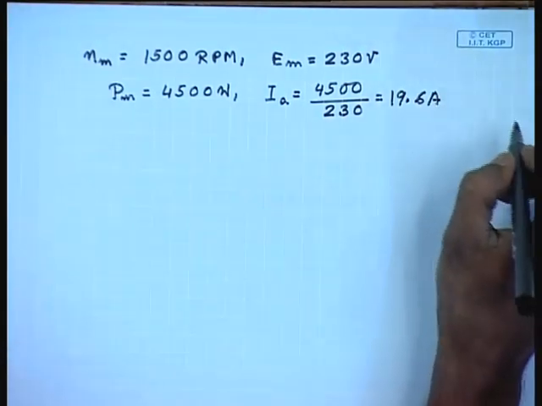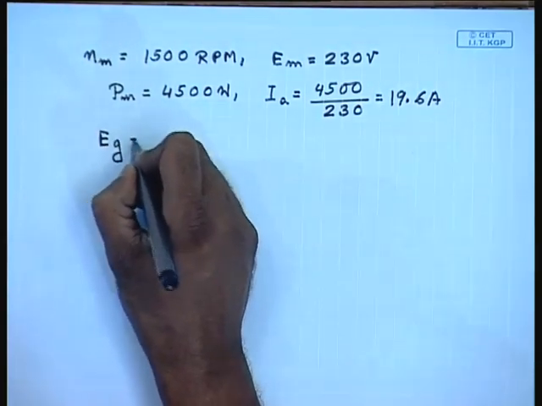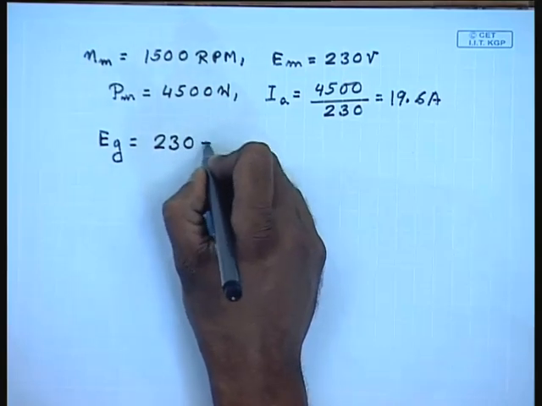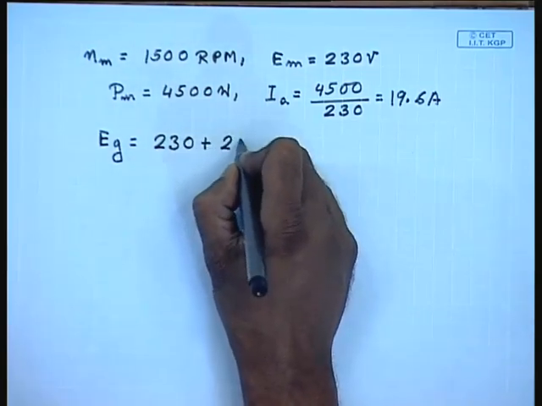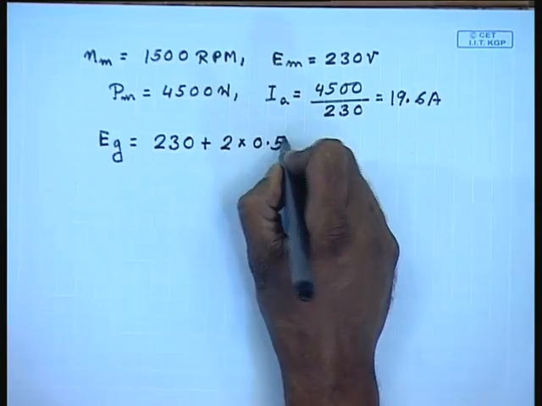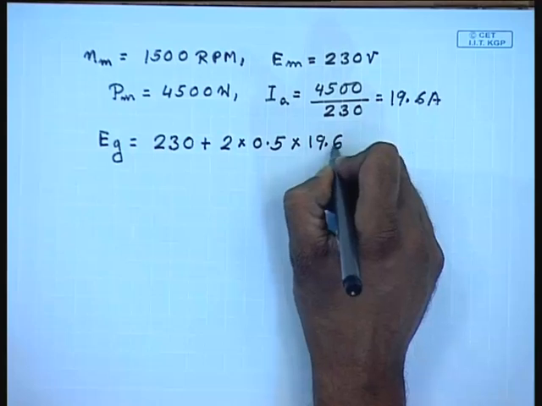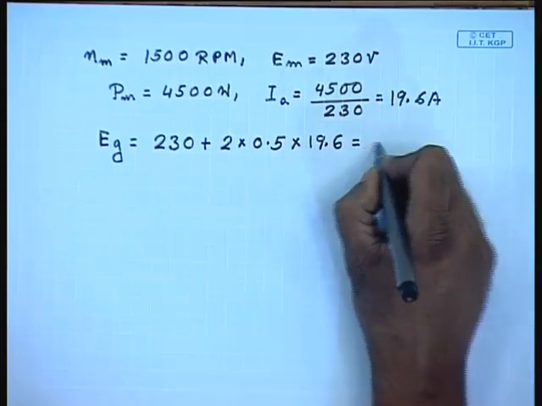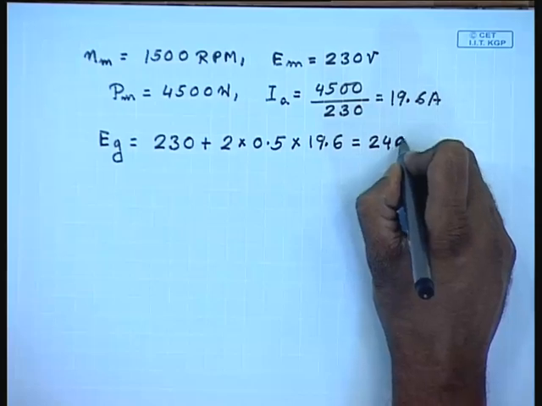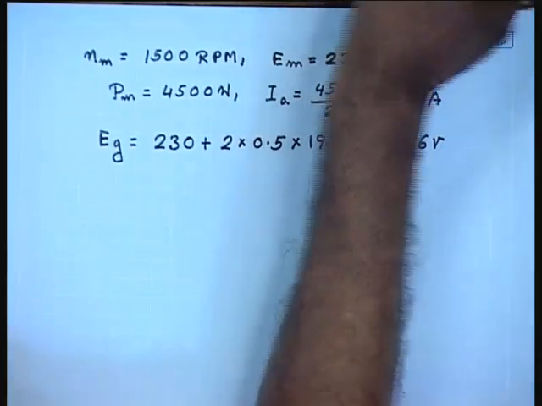So, E generator equal to 230 plus 2 into the resistance of the armature, which is 0.5 ohm, into 19.6, this is equal to 249.6 volts.